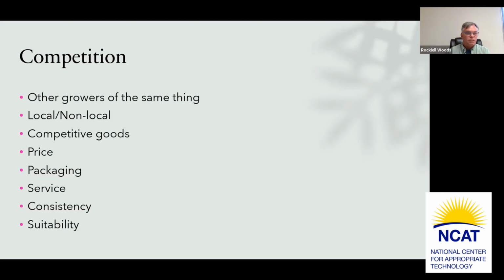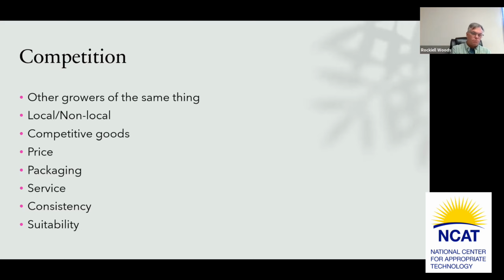What about competitive goods? That whole thing I talked about a few minutes ago about chickens versus beef. They're competitive goods. And yes, you need to understand what all the other chicken farmers are doing if you're a chicken farmer. But you also need to know what's going on in the beef industry.